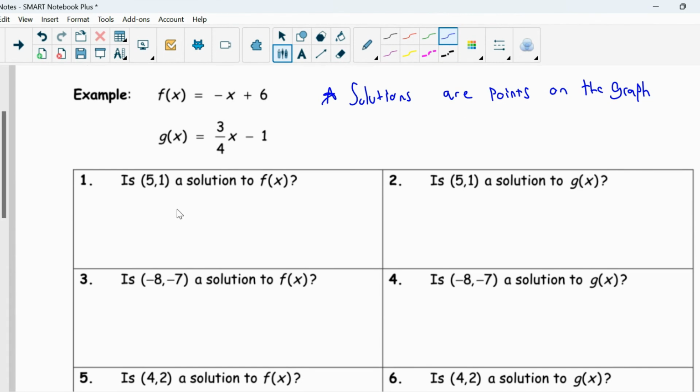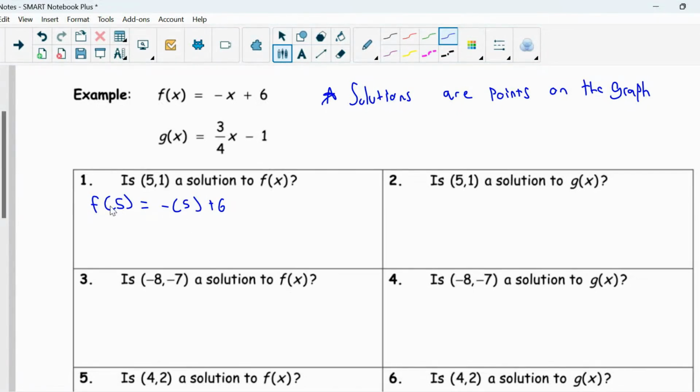So our first example here is the ordered pair 5, 1. Is it a solution to f of x? So let's substitute in both of these values. If we have f of x, our new x value is 5, equals negative x, which turns into negative 5, plus 6. Okay, go ahead and solve.